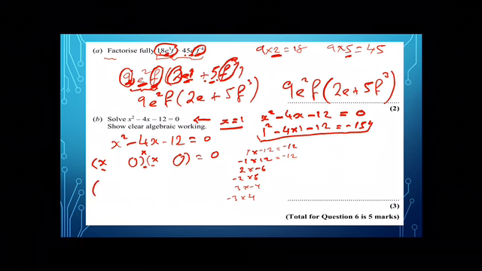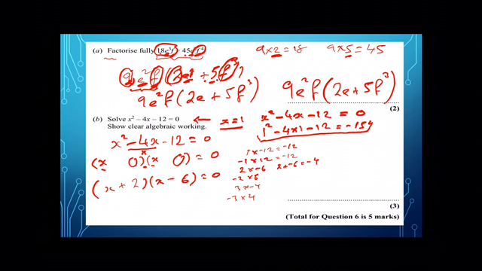But we want numbers that also add to negative 4. And if you notice, 2 plus negative 6 gives us negative 4. So that's negative 6, and that's positive 2.